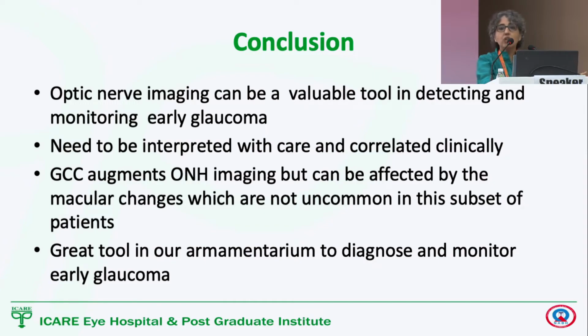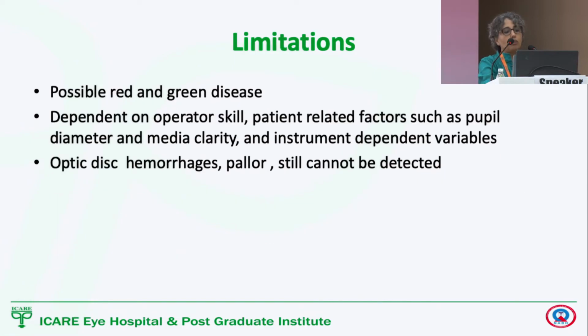So it's not really the prime area of concern. It can be added information to your RNFL measurements and a great tool in an armamentarium to diagnose and monitor early glaucoma. The possible red and green disease has been highlighted in this presentation, and one should not take a green scan to be normal and not take all red to be abnormal till you clinically correlate and know what you're dealing with.